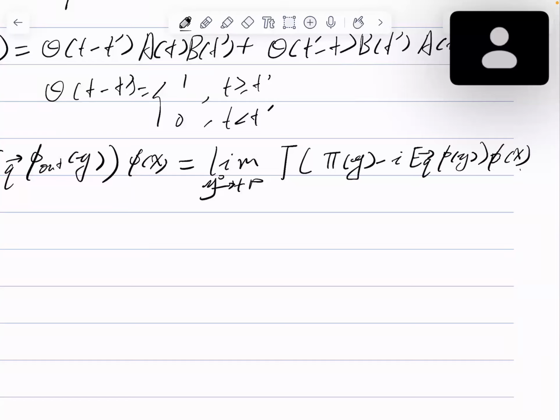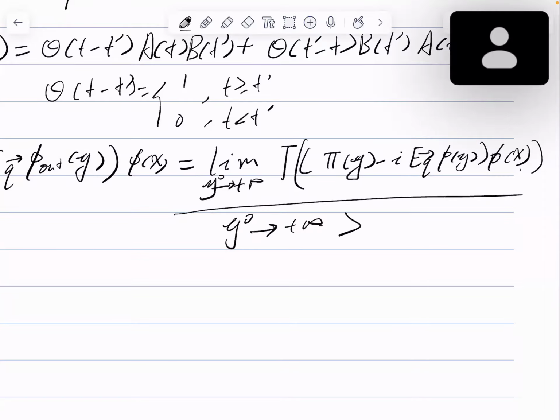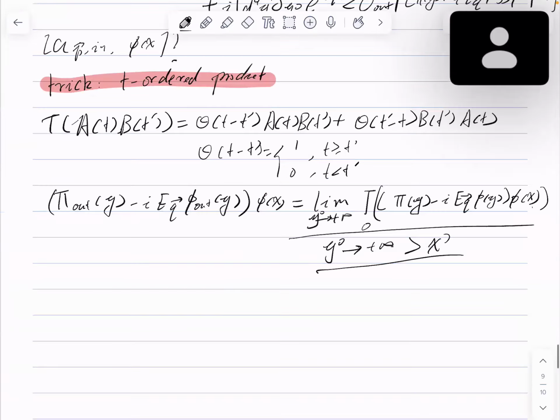Why can we just add such a time product? Because obviously this y0 tends to positive infinity, it will definitely be larger than x0. So we can of course add such a time product, and it will affect nothing.